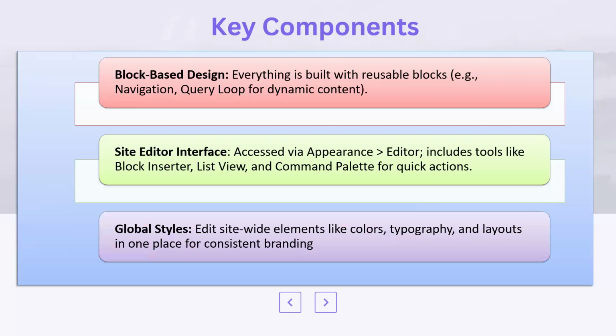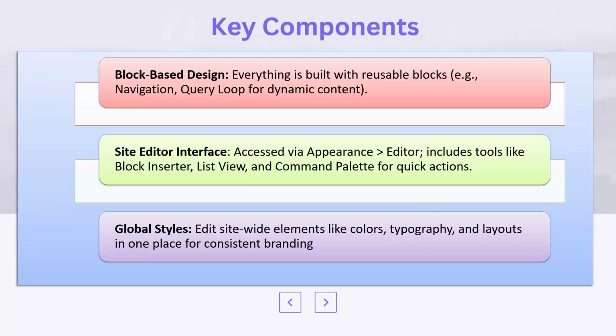And lastly, we have global styles. You can use the global styles to edit the entire website. Take a look. For example, we can set colors for all headings in our site. We can set background. We can set different typographies and maybe different fonts.